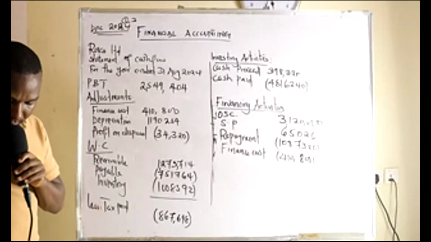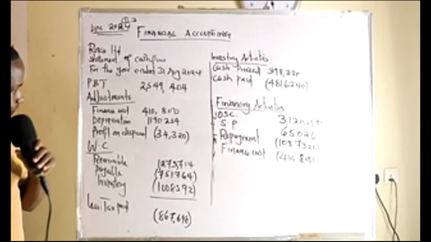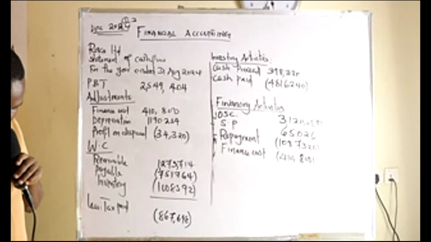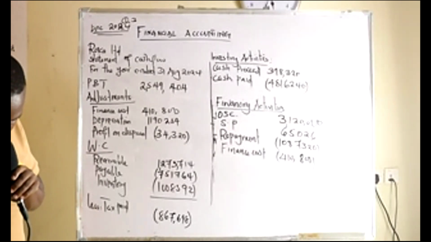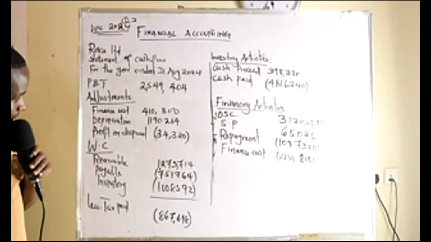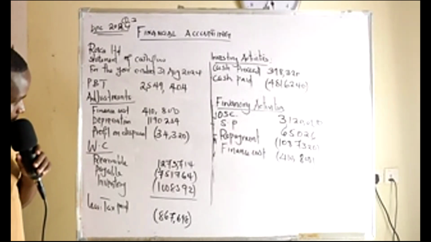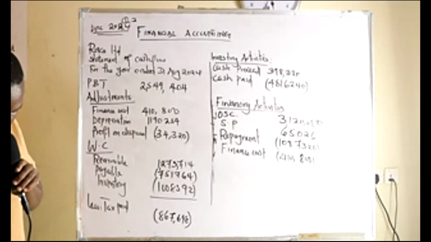I will take 249,404 plus 410,800 plus 1,190,254 minus 34,320.